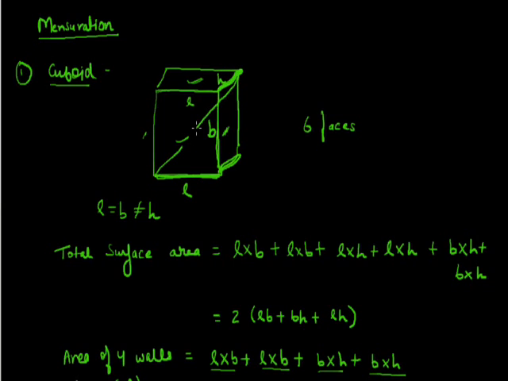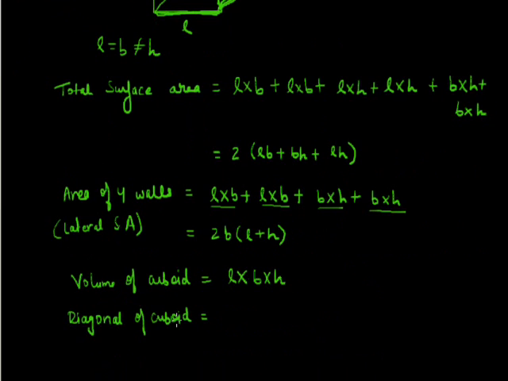If we join this, we will get the diagonal of the room. There is a formula for finding the diagonal of a room, that is under root of l square plus b square plus h square. If we add the squares of all these dimensions and take the under root, we will get the diagonal of a cuboid.